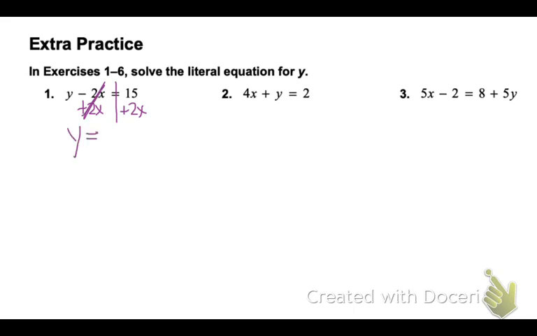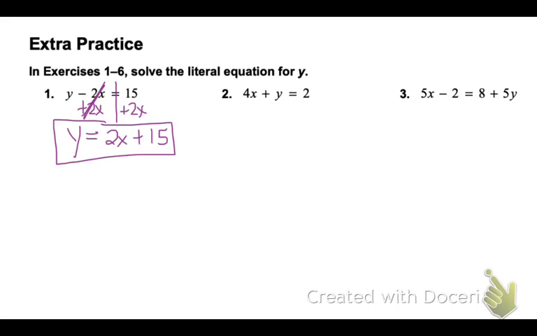Because the 2x and the 15 are not like terms, you're left with an expression, and I like to put the term of x next to the equal sign, so we're getting it set up already into slope-intercept form. You maybe remember that from last year. So this is our answer, the equation solved for y, 2x plus 15.